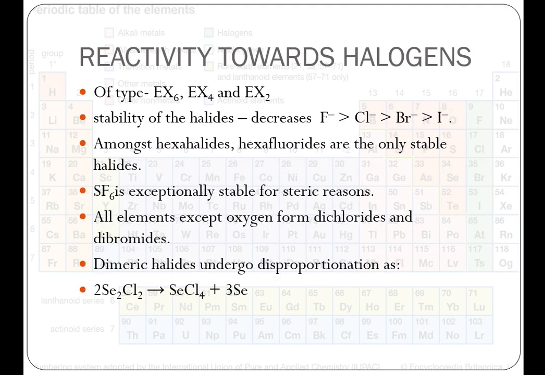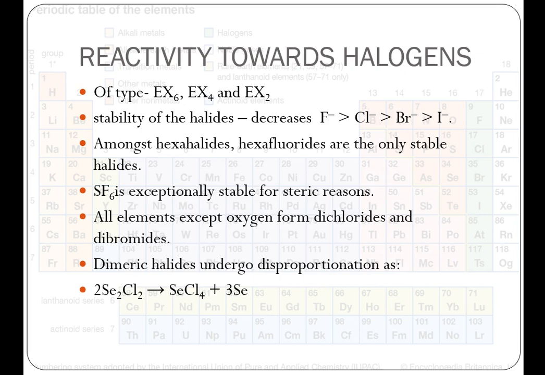Reactivity towards halogens. Elements of this group form a large number of halides of type EX6, EX4 and EX2. Stability of these halides decreases in the order fluorides are more stable, then chlorides, then bromides, and iodides are least stable.